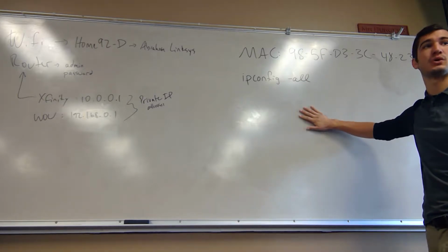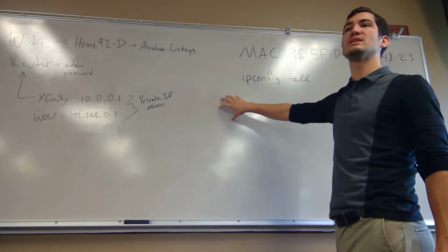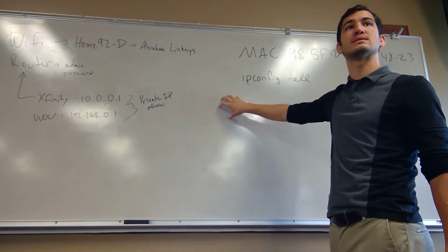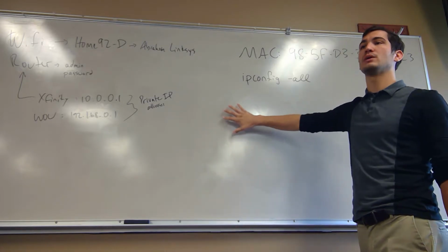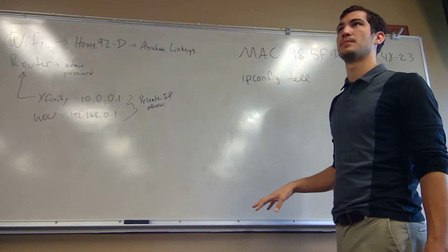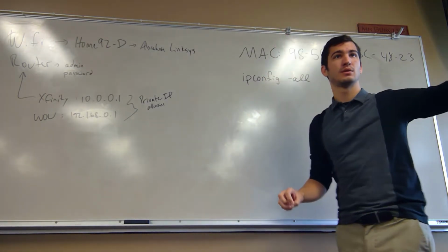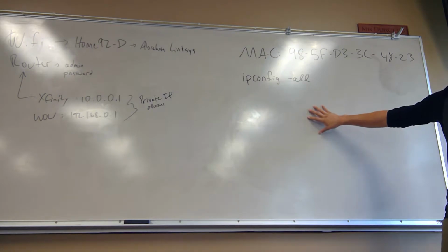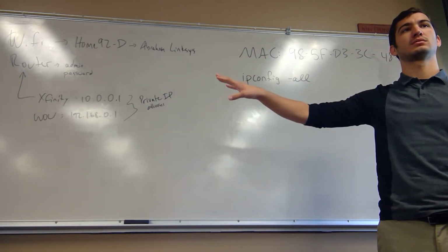So if you whitelist 3 MAC addresses, literally only those 3 objects can join your network. Nothing else can. Whereas if you blacklist 3 objects, everything but those 3 objects can join.